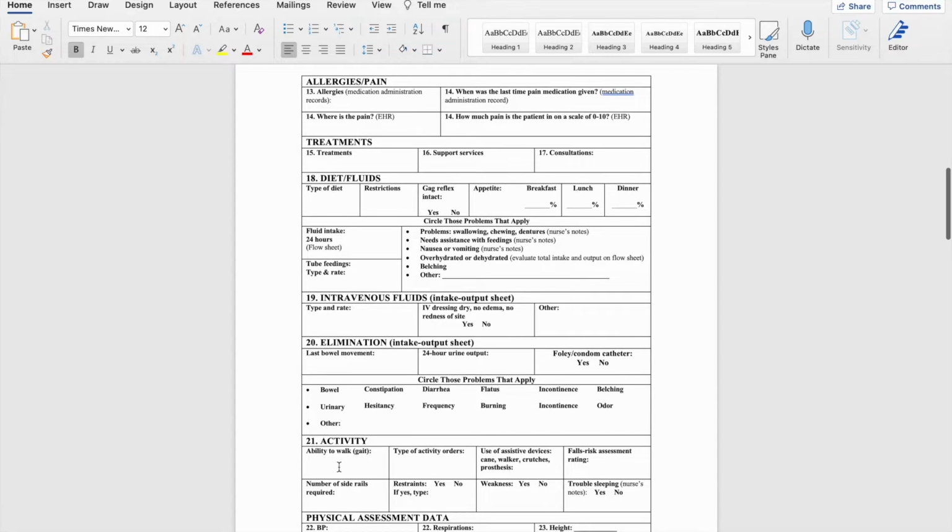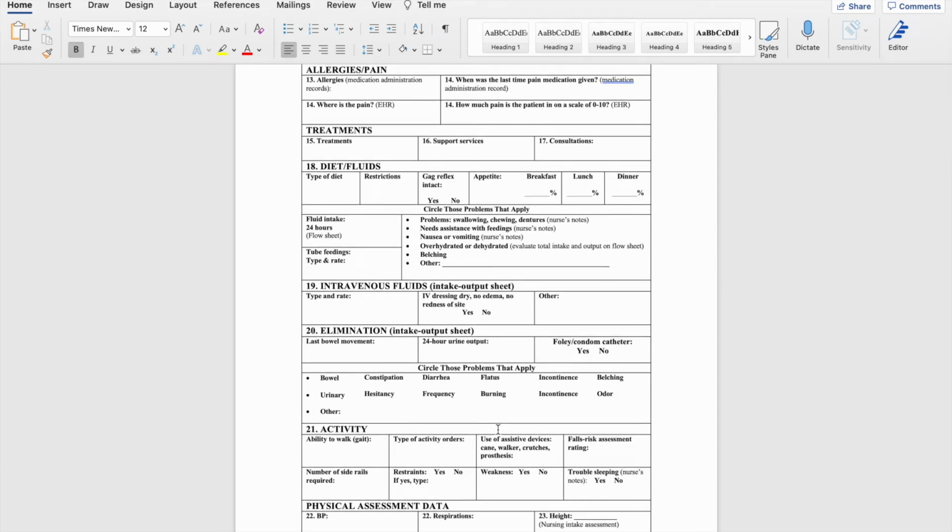Their ability to walk, any types of activities, use of any assistive devices. These are things that you will need to keep in mind as a nurse, because when you're taking care of a patient, you want to be aware of their limitations. You also want to be aware of any conditions that they may have.